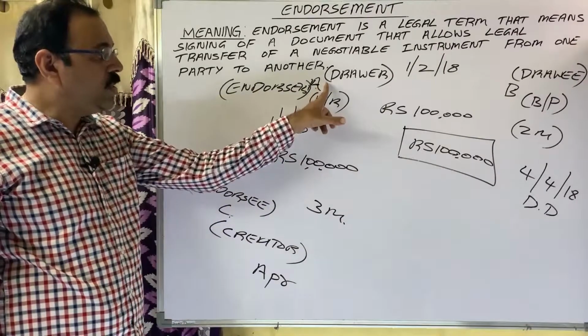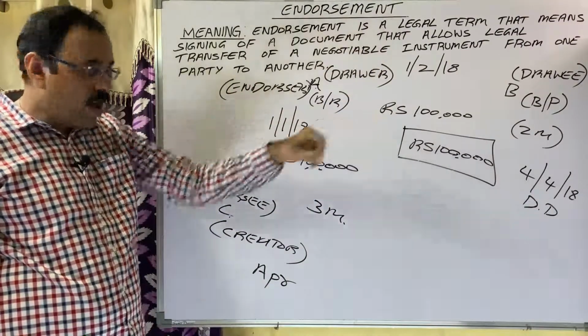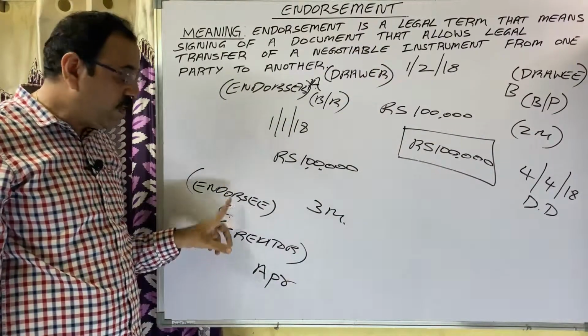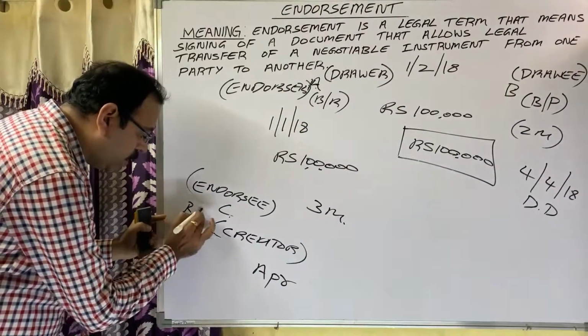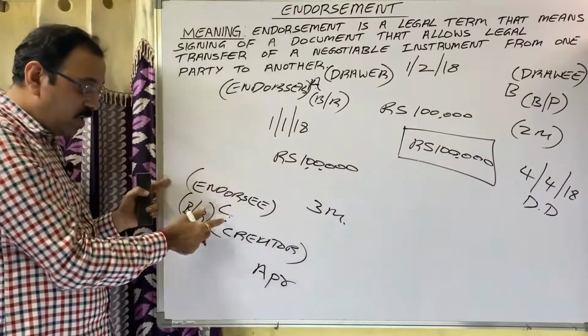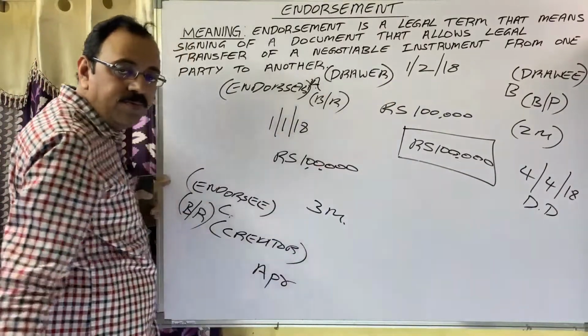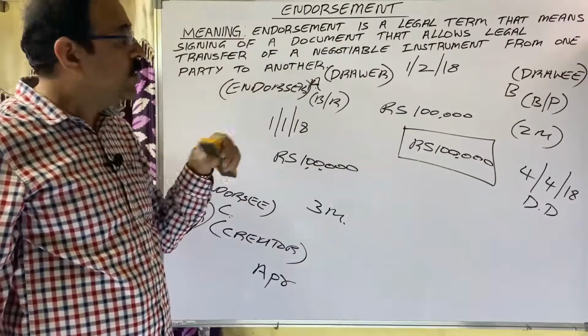So for A, this is a bills receivable. For B, it is a bills payable. And for the endorsee, the bill becomes bills receivable because in future on this document he will receive the money from B.